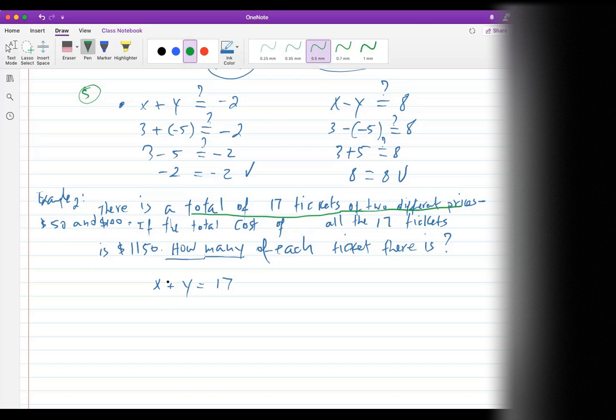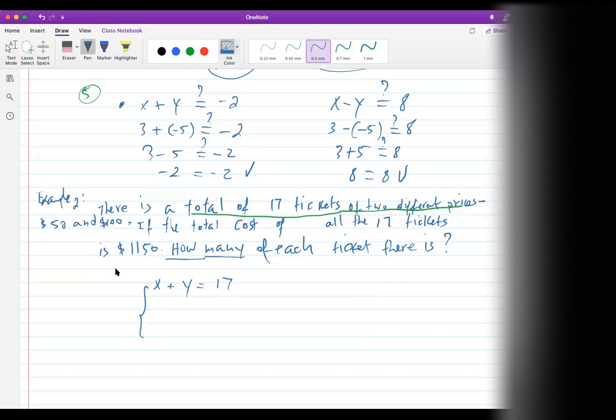When we combine the number of the two tickets, they could be 10 and 7, 11 and 6, or 12 and 5. All of them add up to 17, but we don't know exactly how many. But with the help of the other equation, we can figure out which one of these is appropriate. So one of the equations is pretty simple. The sum of them is 17.